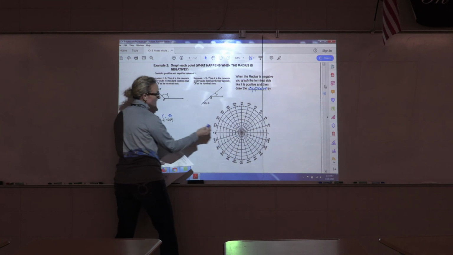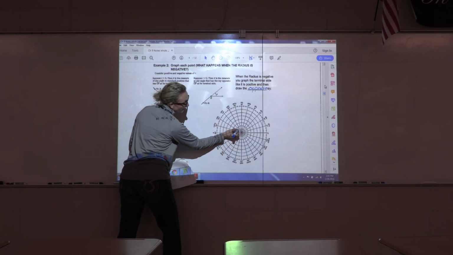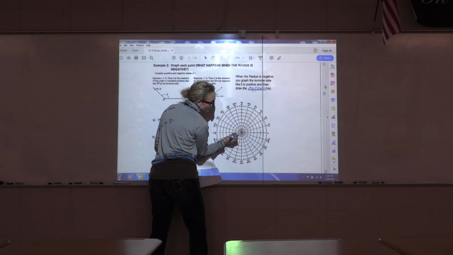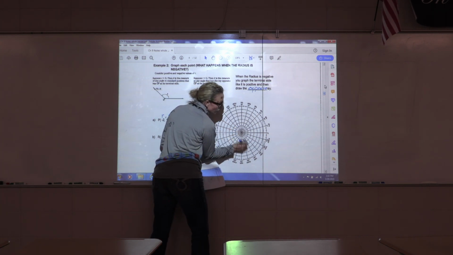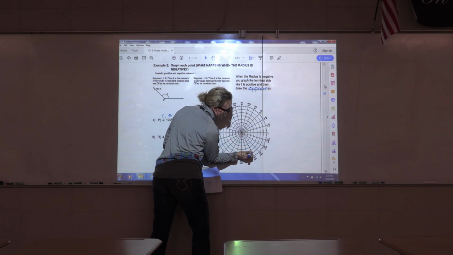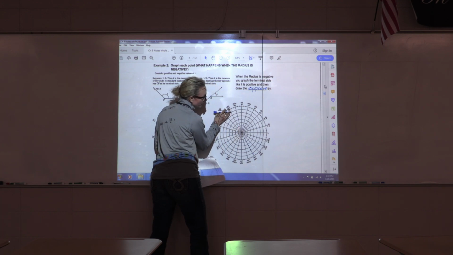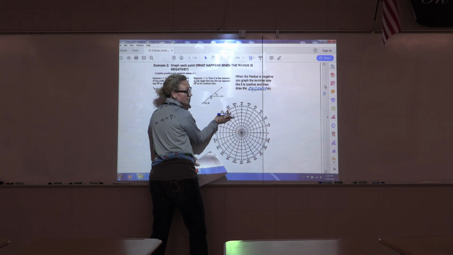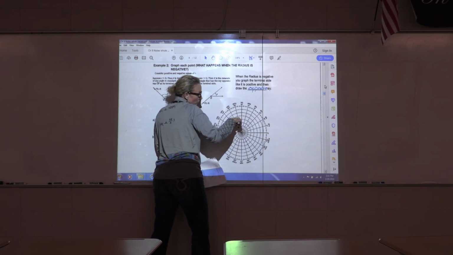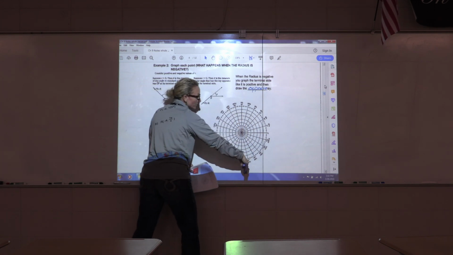Now, this is the positive terminal side. If it were +2, I'd put a dot right there. However, it's a radius of -2, so you have to go straight back 180 degrees on the terminal side going opposite. So here's positive 120 degrees. If I have a negative radius, I have to look at the terminal side going opposite of it.